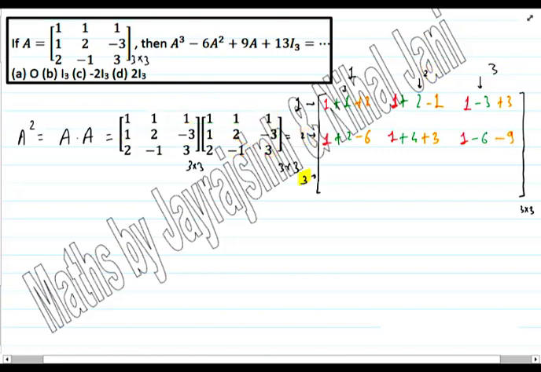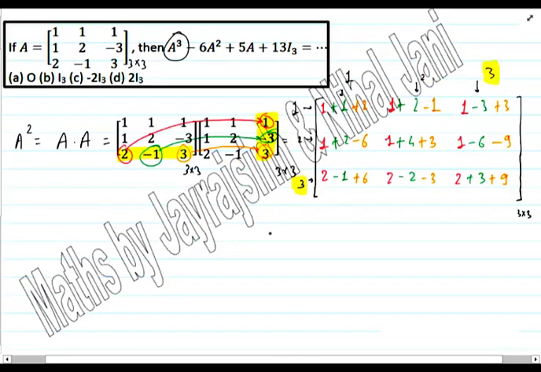Now it's time for the last row, first column, third row and first column. 2 will multiply with 1, give us 2, then minus 1 and plus 6, and the rest of the two elements are 2 minus 2 minus 3 and 2 plus 3 plus 9.